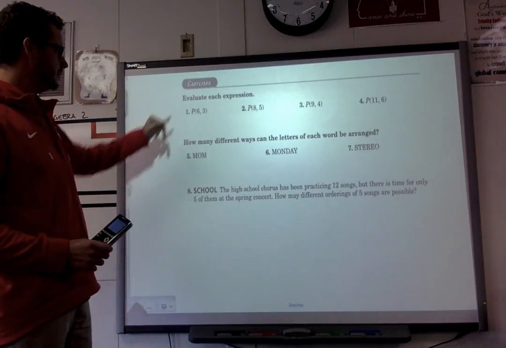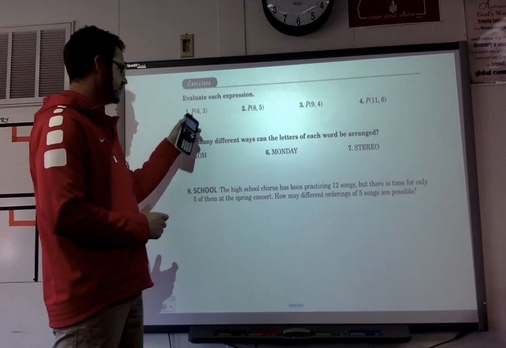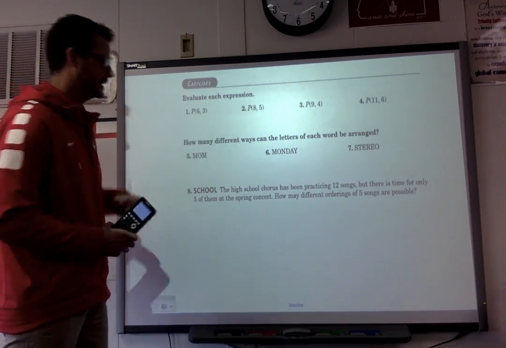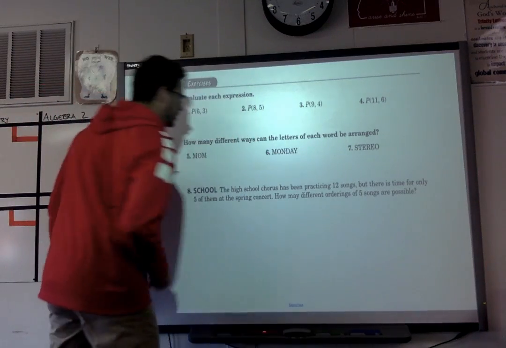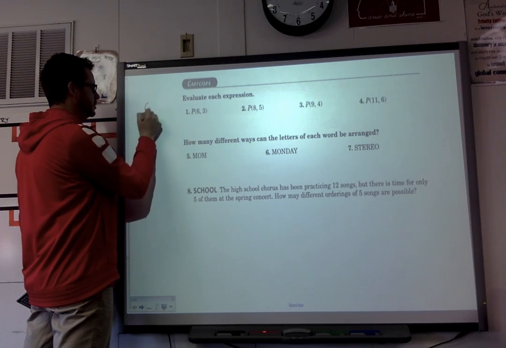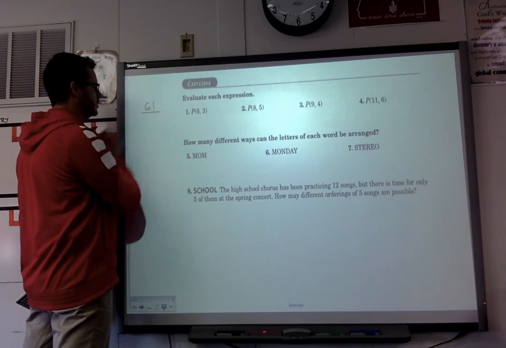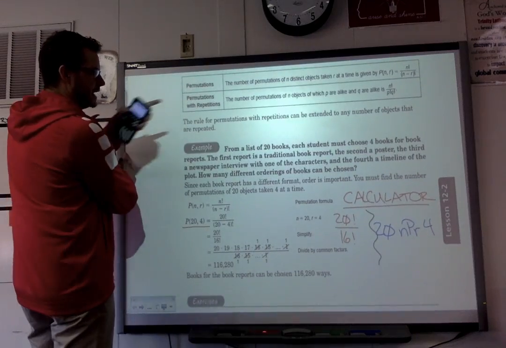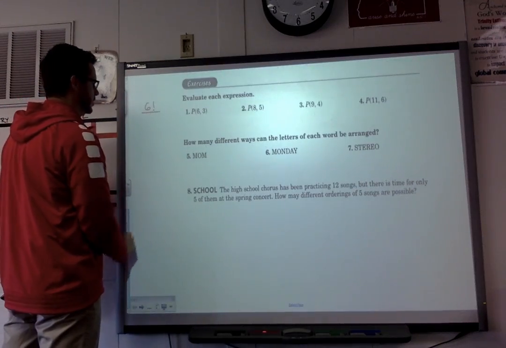So, for evaluating each expression, if we have the permutation of 6 objects taken 3 at a time, the long way of doing this, we can write it out as 6 factorial over, again, remember, it would be n minus r factorial.